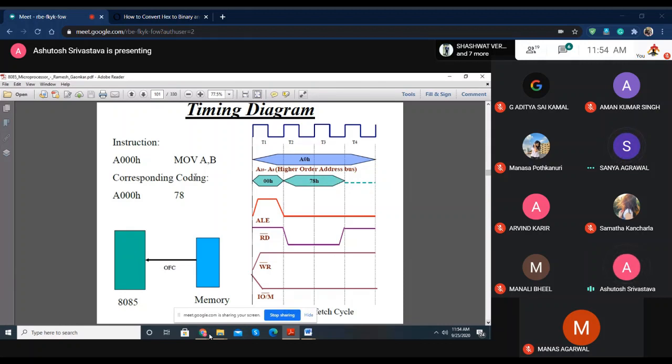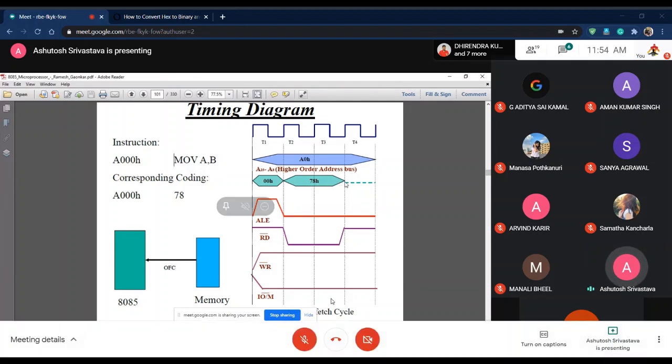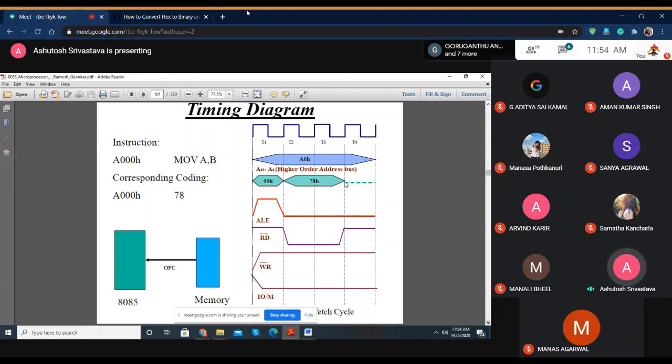Correct. Okay. So you would want, since you already know that when you're talking about your addresses, its lifetime is up to 3 time cycles. We have already talked about 1 time cycle and 3 time cycles. And your address is bifurcated into the lower order and the higher order. Right?